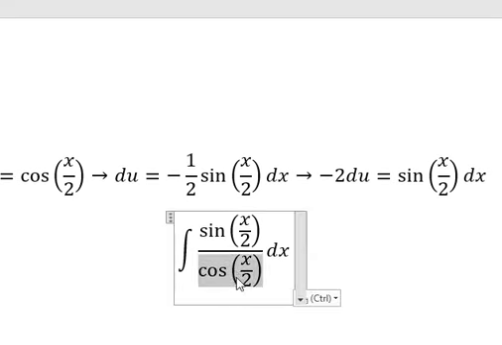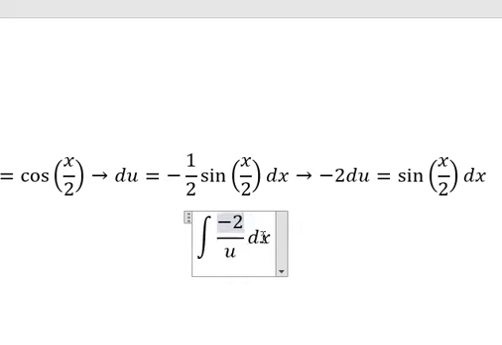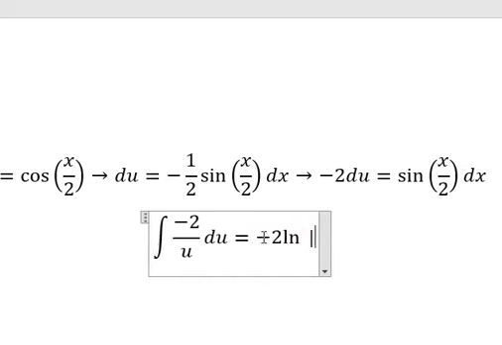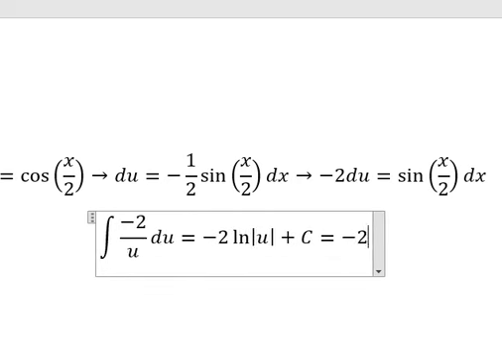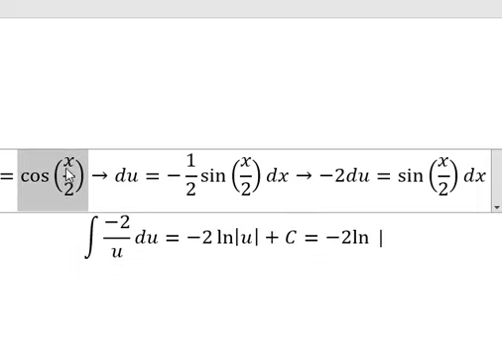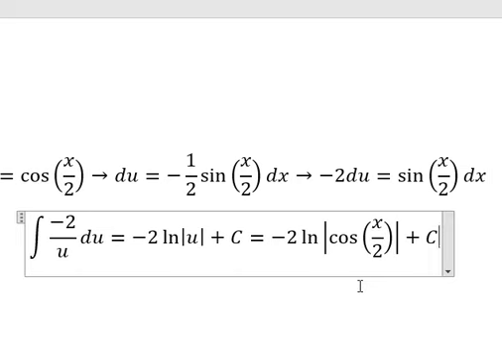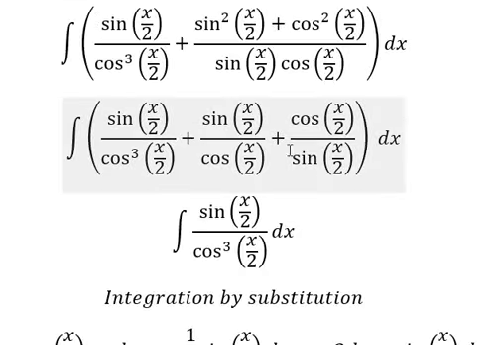So this one we change for u. This one we change for negative 2 du. And now we have like this. About u, that is about cosine of S over 2. Now let's go to the last one.